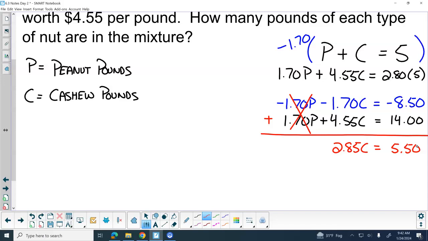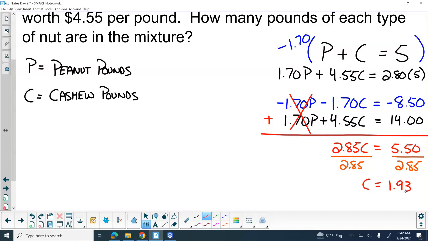So now what do we got to do? Divide by 2.85. I'm guessing it's under 2. Let's go to 2 decimal places. 1.93. We have an agreement with 1.93.